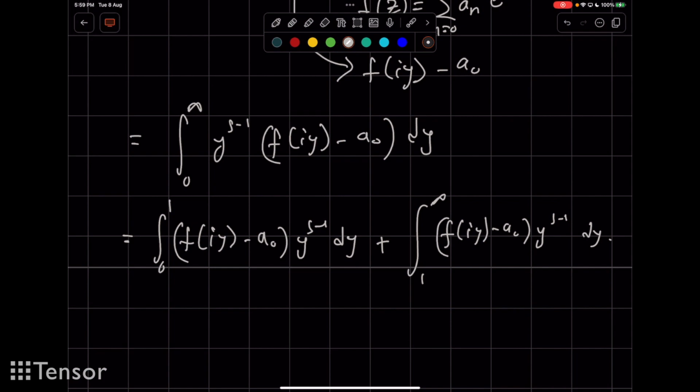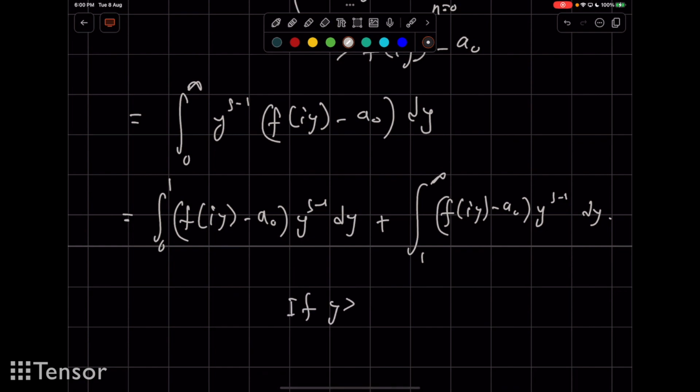Now, if y is greater than or equal to 1, then what is f of iy minus a_0?